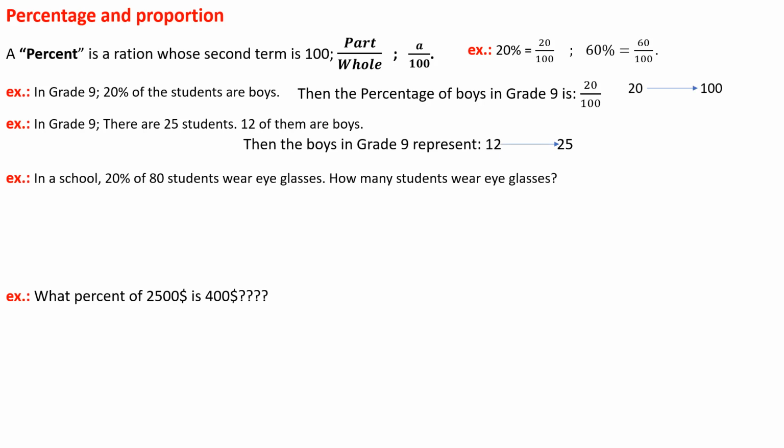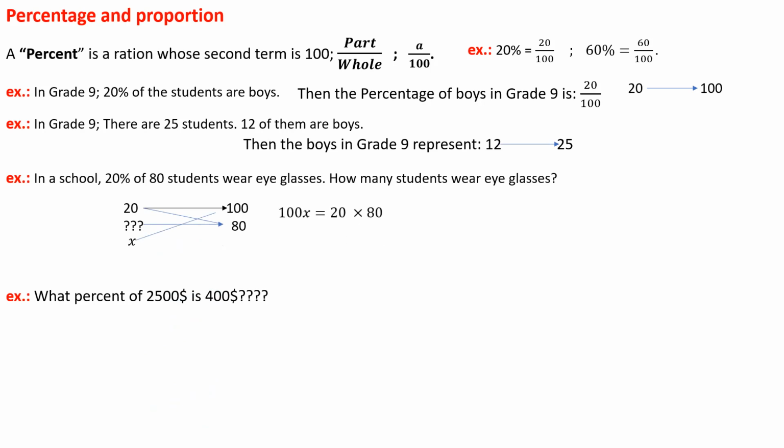In a school, 20% of 80 students wear eyeglasses. How many students wear eyeglasses? So I write 20% out of what? Of 100. So 20 out of 100. And I should know the number from 80. So I do the cross multiplication.